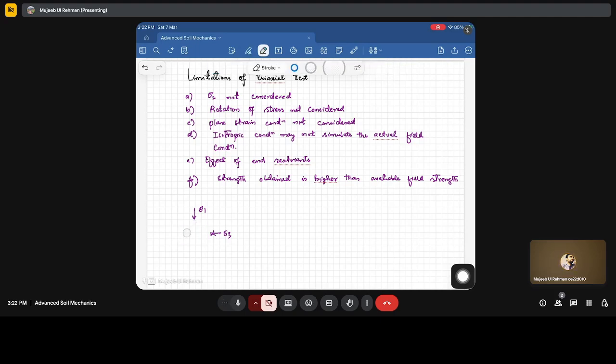After that, we have seen in the last module the plane strain condition, which is more convenient to use in the field and replicates field conditions more closely, but the plane strain condition cannot be considered. Yet some devices have been developed which take this plane strain condition into account in laboratories also.